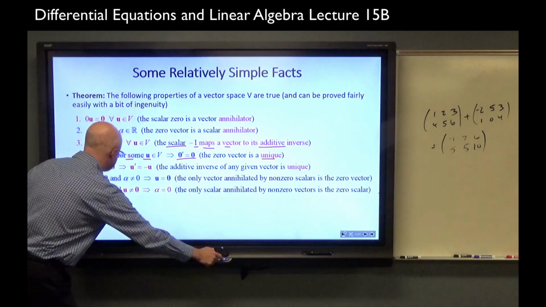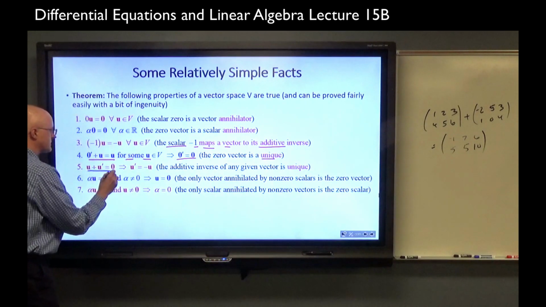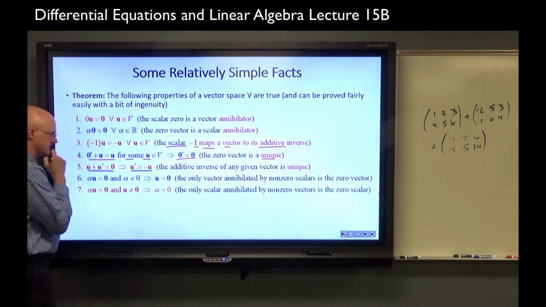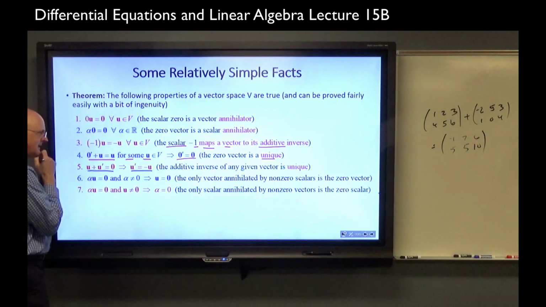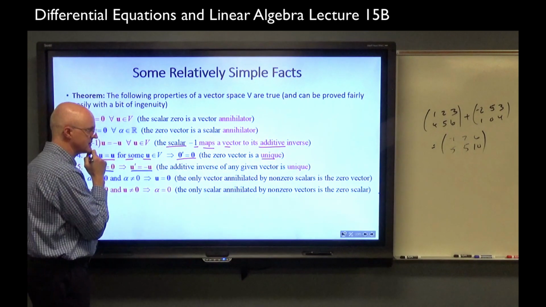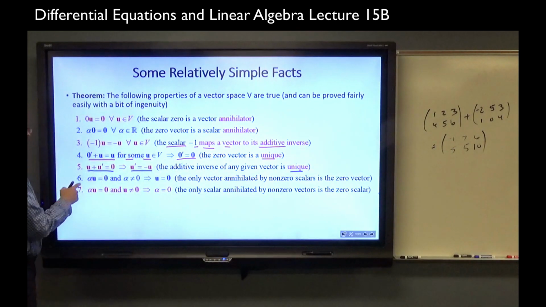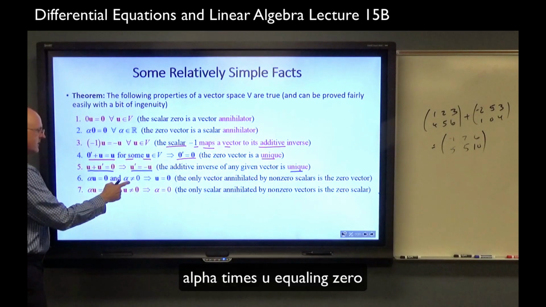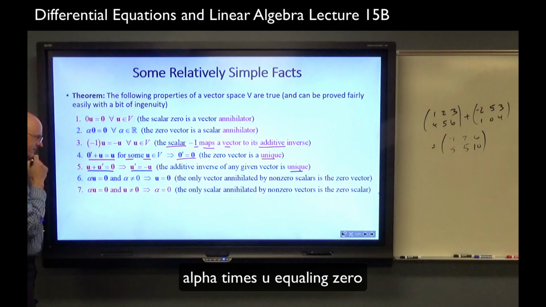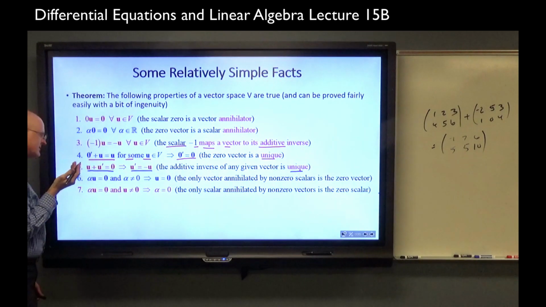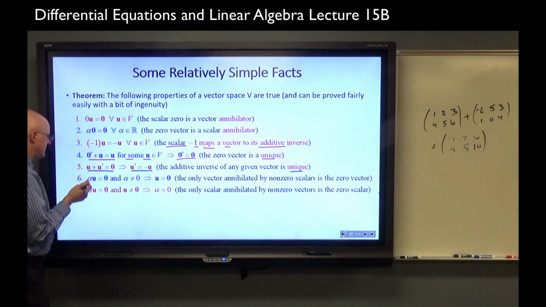Line 5 says, if u plus u prime equals 0, then u prime must be the additive inverse of u. The additive inverse of any given vector is also unique. 6: alpha times u equals 0 and alpha non-zero implies that u must be the 0 vector. The only vector annihilated by the non-zero scalars is the 0 vector. And it was already the 0 vector, so in a sense it didn't get annihilated.